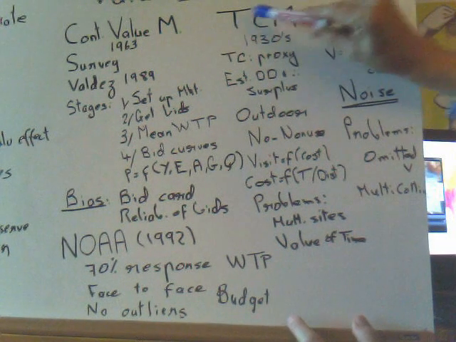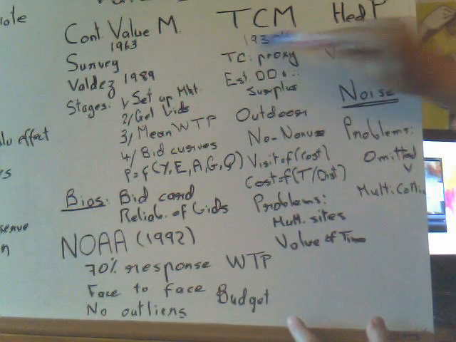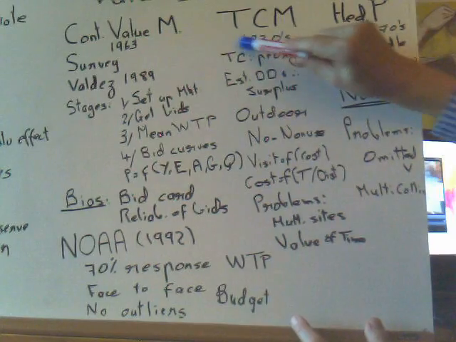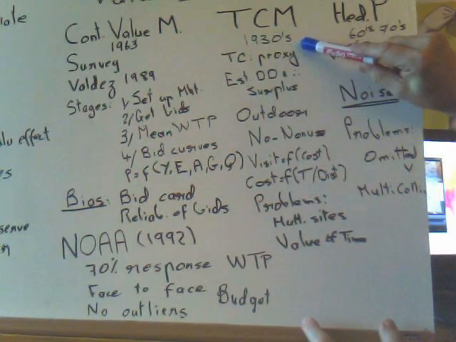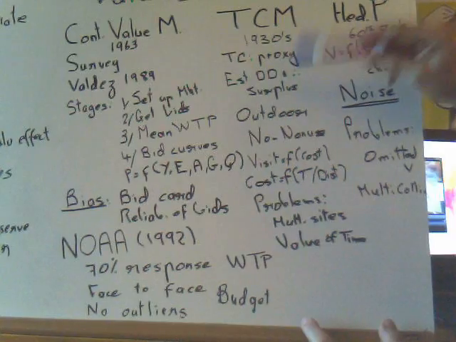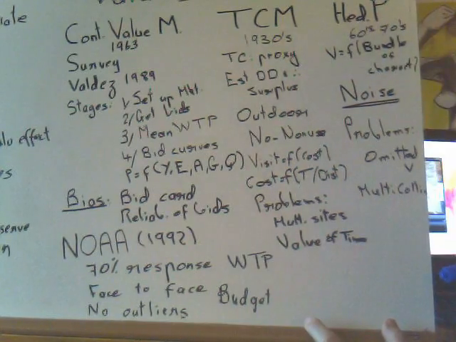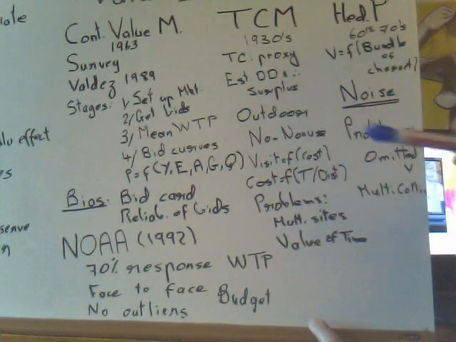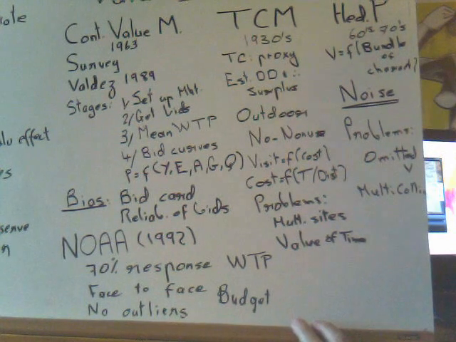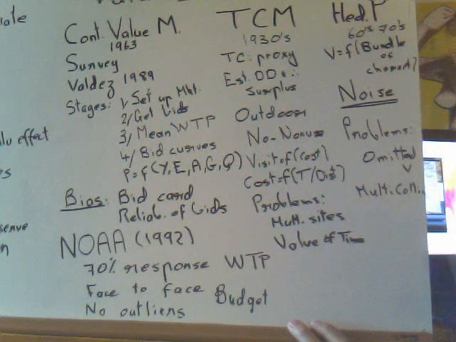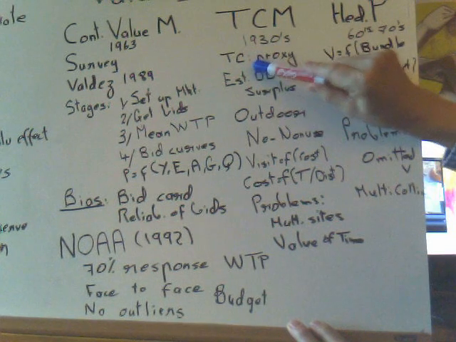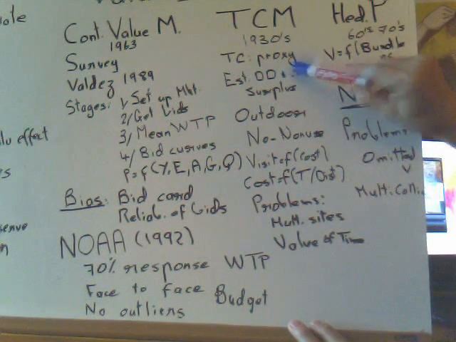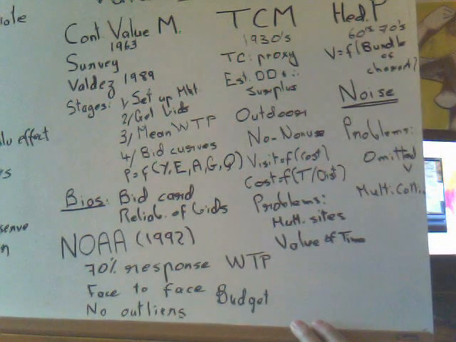The travel cost method, which is really the oldest, started probably back in the 1930s in the United States, but it really became popular only as of the 60s. To be very brief about this, you're saying that the travel cost is a proxy to the value that you place on that particular asset.